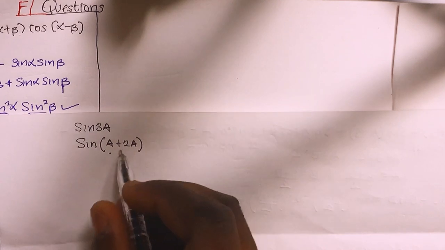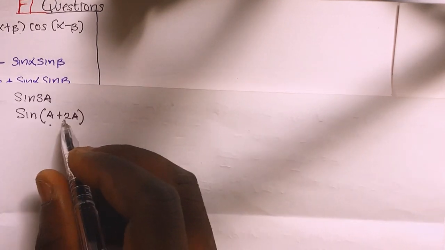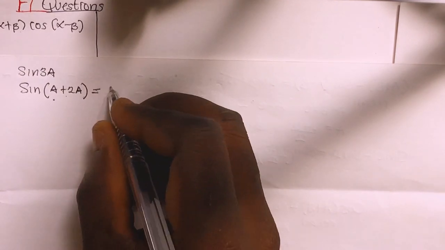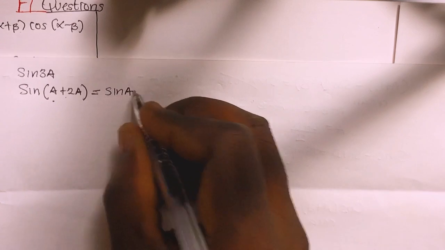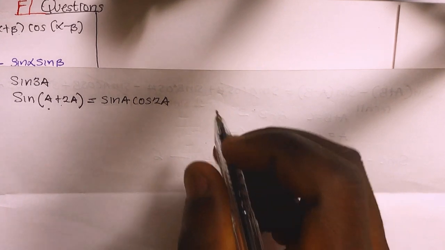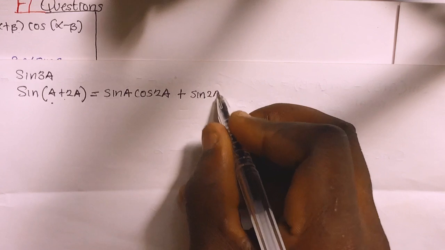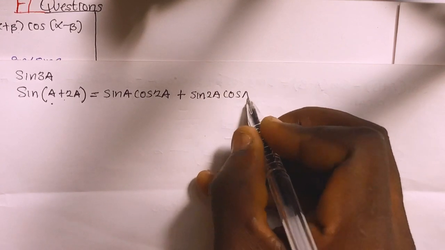Sine of a plus 2a, that means you can say sine of a plus b. Recall, you can write sine of a plus 2a according to our addition formula as sine a cos 2a plus sine 2a cos a. That's sine a cos b plus sine b cos a.